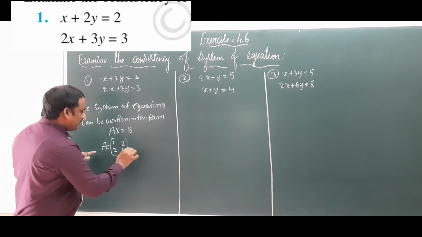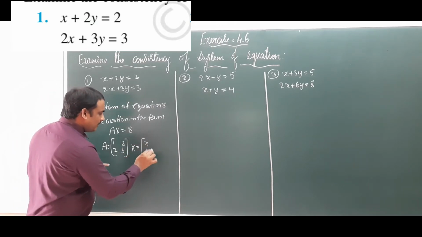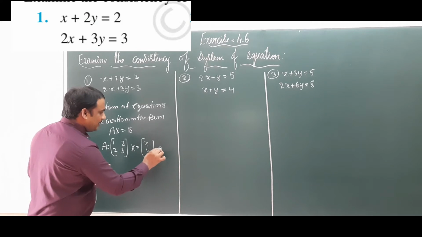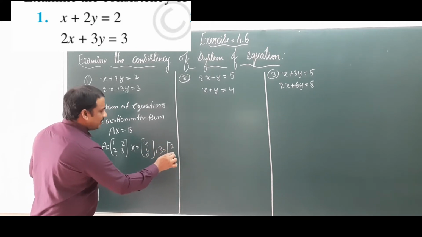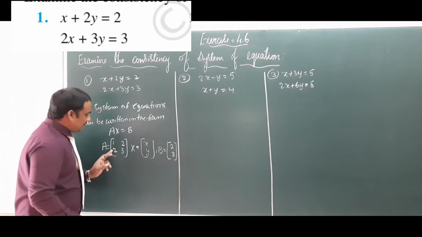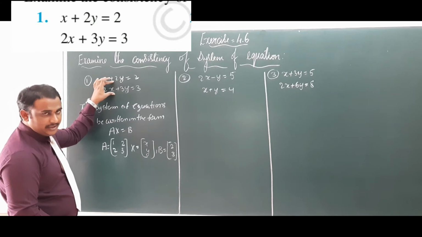You have to write that. Next, capital X equal to x, y. Next, capital B equal to 2, 3. If you multiply A into X equal to B, you will get the given equations.